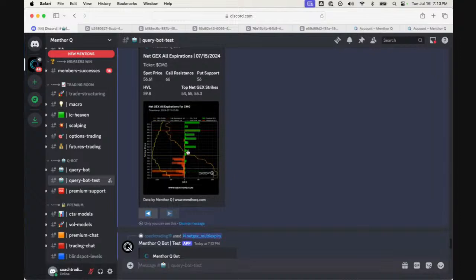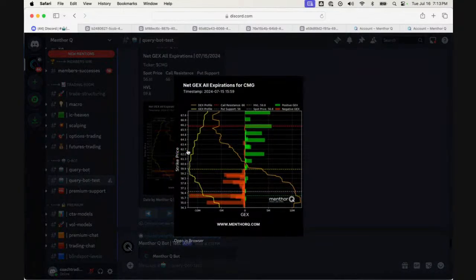Okay, so if we look up the net DEX of CMG, that's all expiries. You see the red put lines there at 59, 57, 58. I can't really tell exactly what the numbers are, but spot is at or below that.